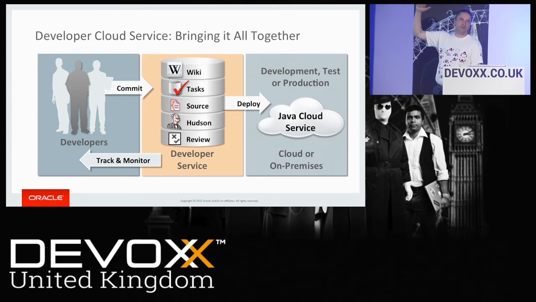Source code repository, you've got Hudson for doing the continuous integration and build. You've got the ability to do review. That then can get pushed automatically, deployed into the Java Cloud Service, cloud or on-premises. And then you can track and monitor what's going on in terms of the individual developers.